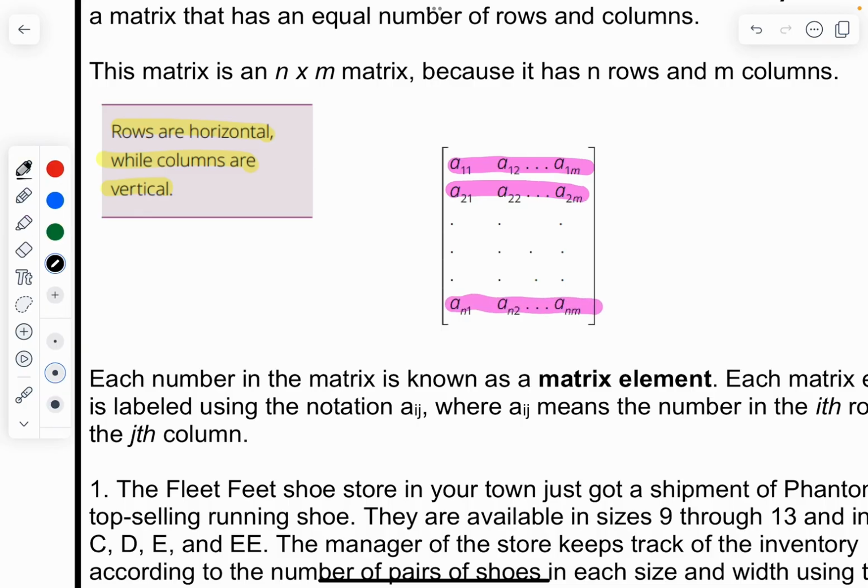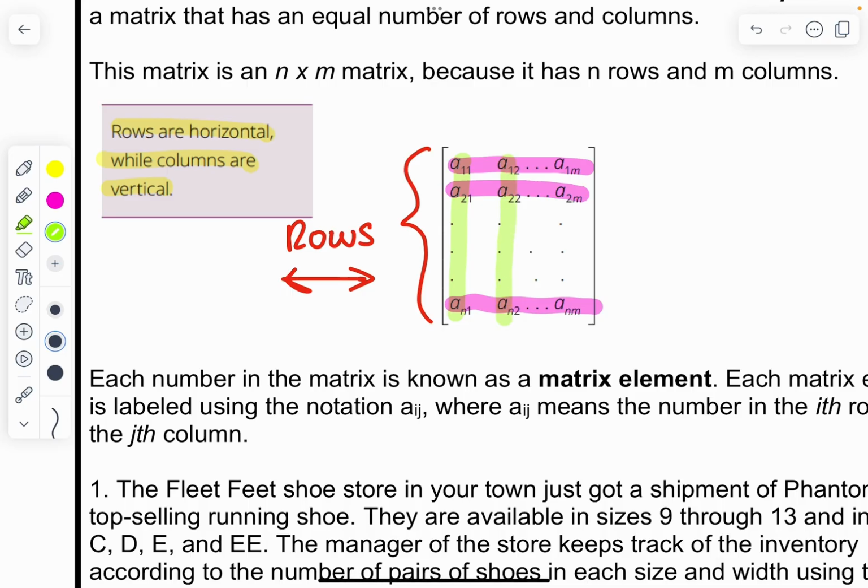These are all the rows. They are horizontal. Then we have our columns. Our columns go vertically. So these represent our columns.